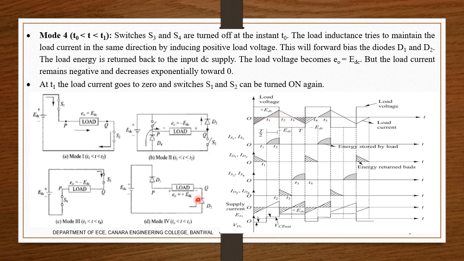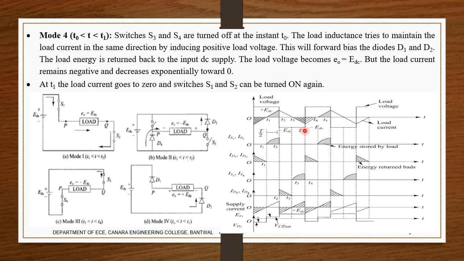Now in mode 4, the switches will be off, but the diodes will come into action. D1 will start to conduct, so at that time the voltage will start to decrease. S3 and S4 are turned off at the instant T4. The load inductance tries to maintain the load current in the same direction by inducing a positive voltage.